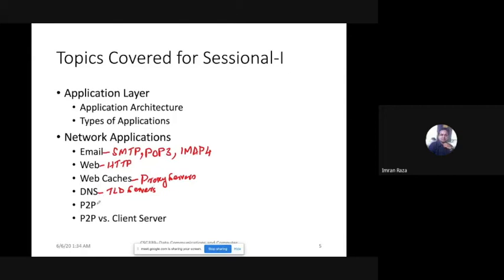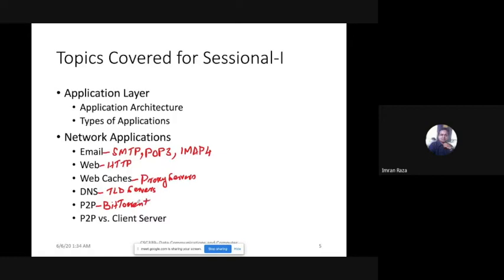We also discussed peer-to-peer protocols, and here, in detail, we discussed the example of the BitTorrent application, how BitTorrent works, and what the trading algorithm of BitTorrent is. So we have covered all this in detail.